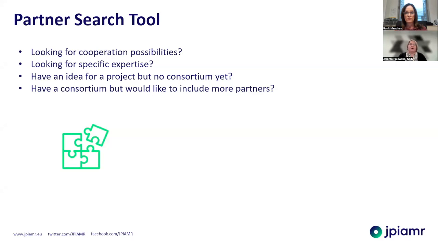How do I find specific expertise that I need for my project? Or I do have a brilliant idea, but I have not started building my consortium yet. Or I have just learned that the consortium I had in mind would not be eligible, so I need to look for more partners.